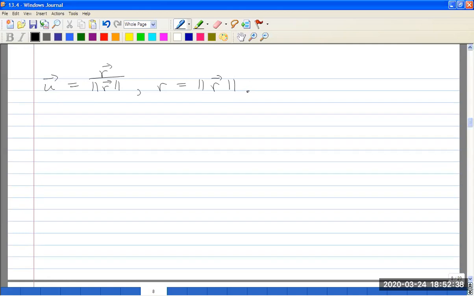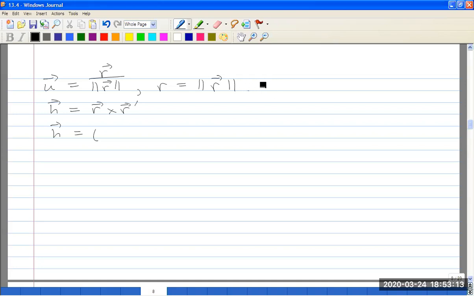And so h is equal to r cross v, and the vector r is equal to u times r.